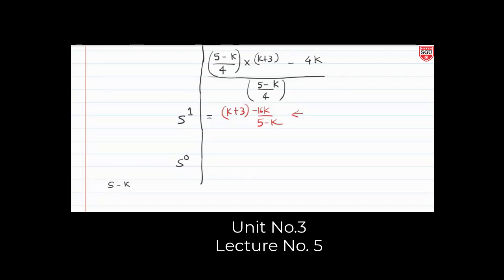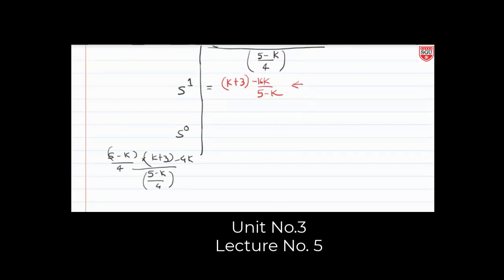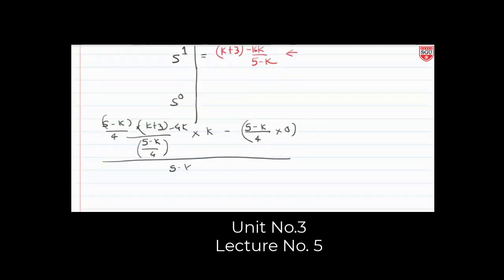That is 5 minus k divided by 4 multiplied by k plus 3 minus 4k divided by 5 minus k divided by 4, multiplied by k minus 5 minus k upon 4 multiplied by 0 divided by 5 minus k divided by 4 multiplied by k plus 3 minus 4k divided by 5 minus k divided by 4.